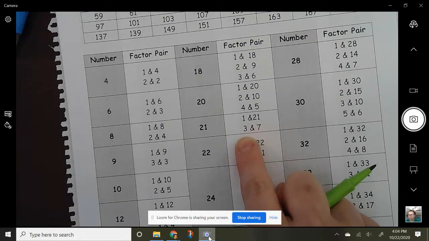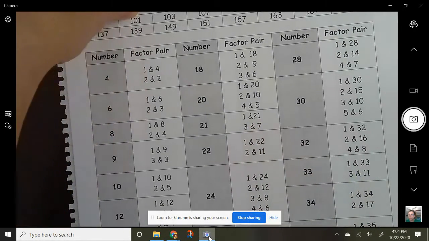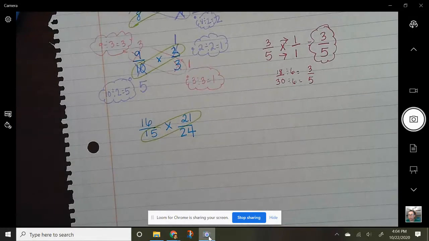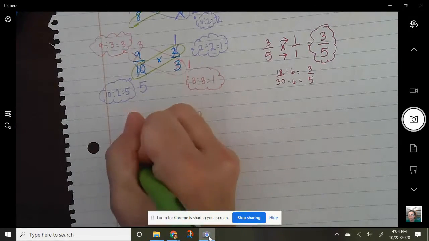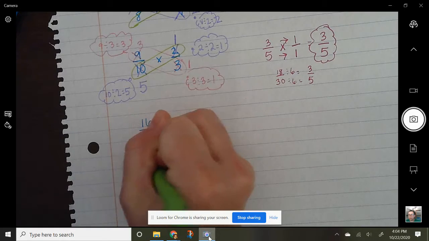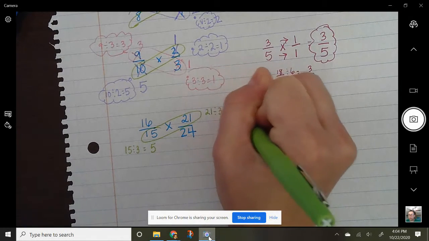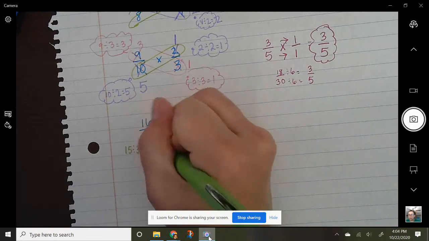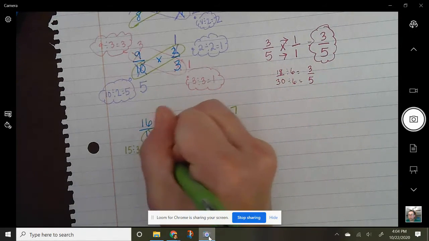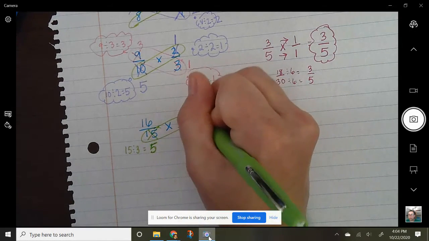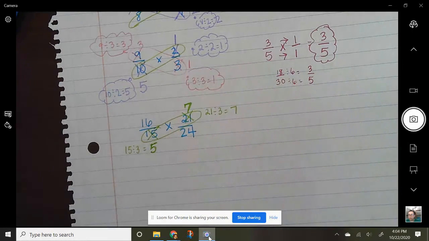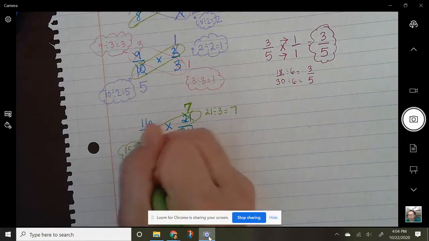And that's it. 3 is the biggest, so I can divide them both by 3. So I'm going to do 15 divided by 3, and I get a 5. 21 divided by 3 is a 7. Cross that out. I got my 5 already kind of right here. Cross this one out. I'm going to put a 7 here.